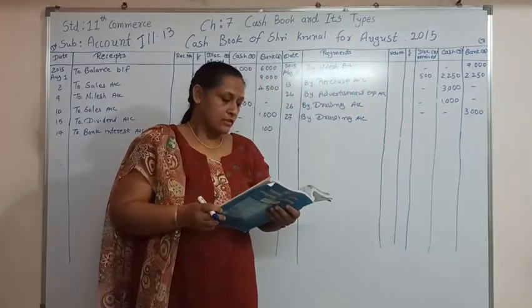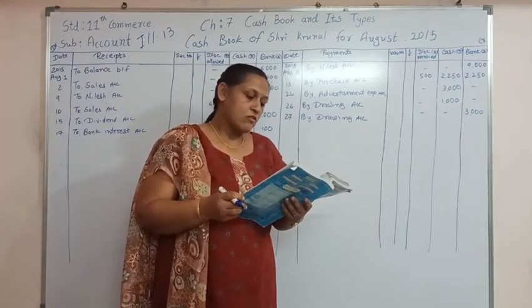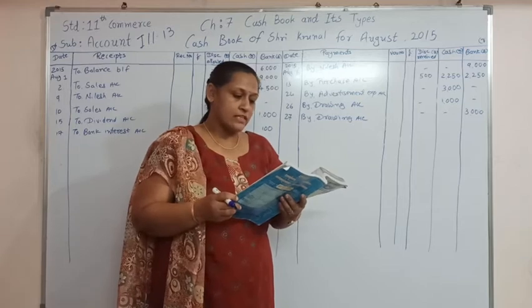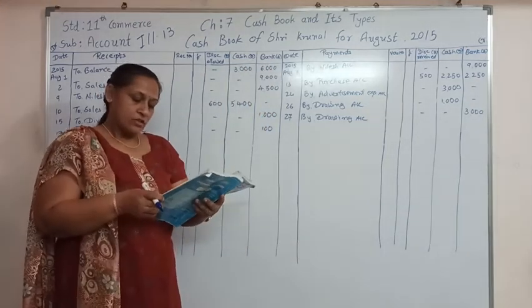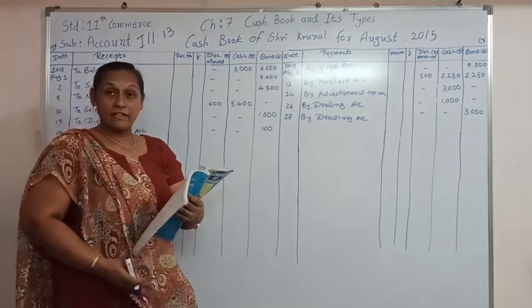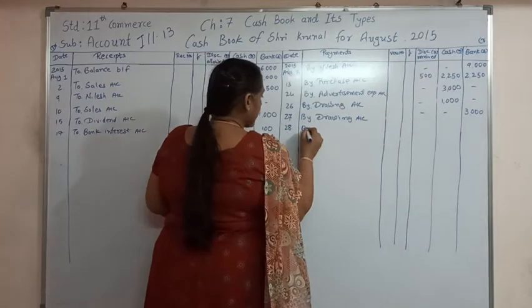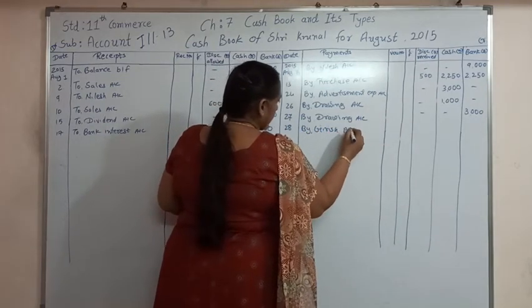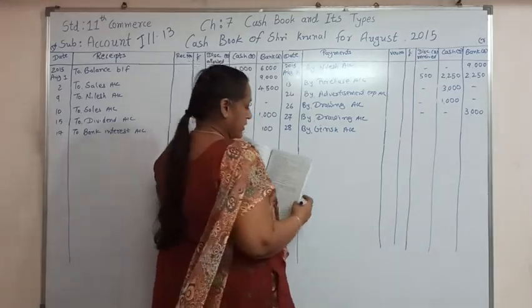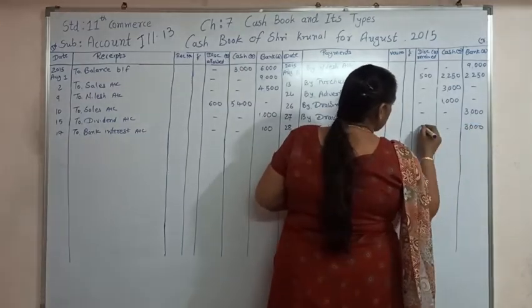Now on date number 28, a check of rupees 3,000 is issued to Girish in full settlement of an account of 3,090. So here we have settled the account of Girish. We have made the payment to Girish, by Girish account, and here we have issued a check of rupees 3,000 in settlement of 3,090.